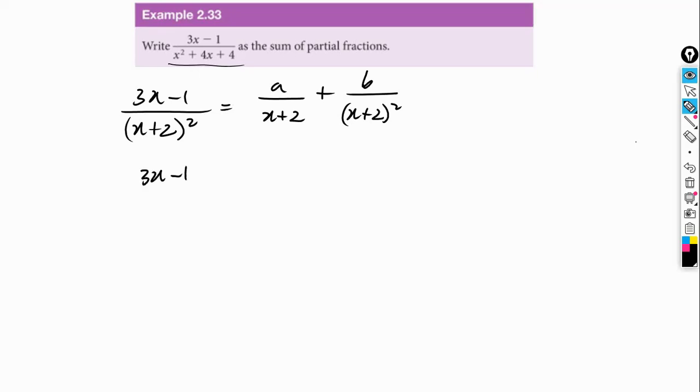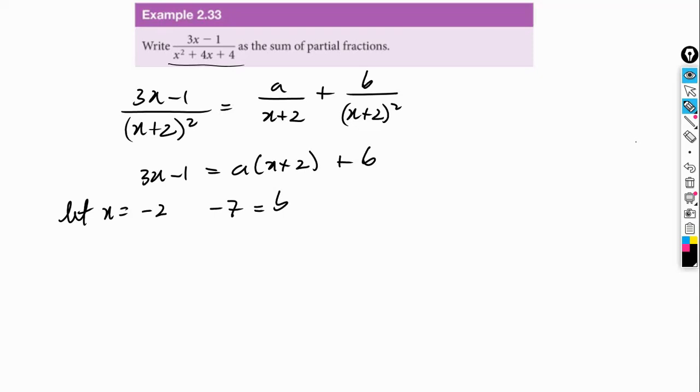And then if we multiply both sides of this by x plus 2 squared, we're going to get that 3x minus 1 is equal to a times x plus 2 plus b. So this one's easy to solve because we can just say let x equal negative 2. And then from there we're going to get negative 7 is equal to b.